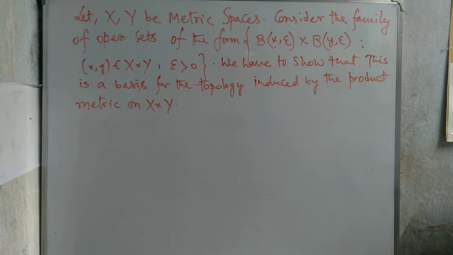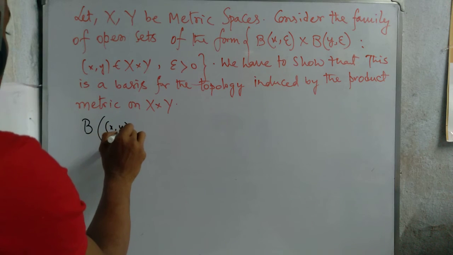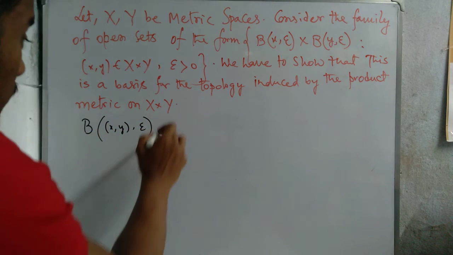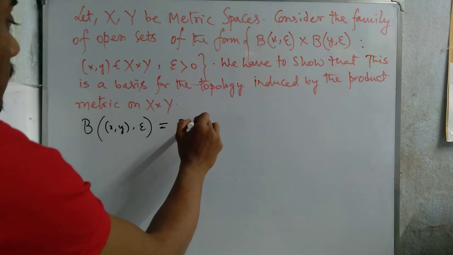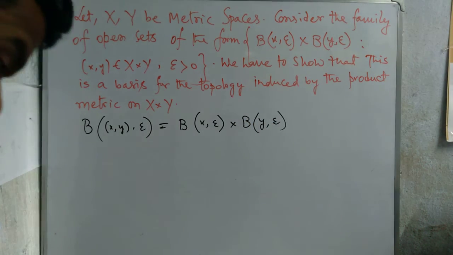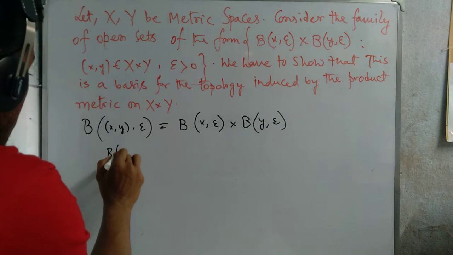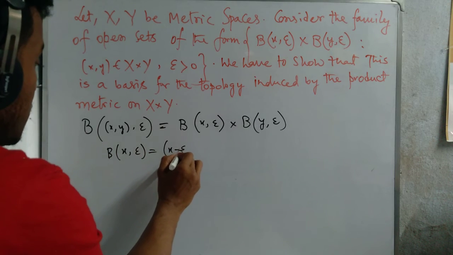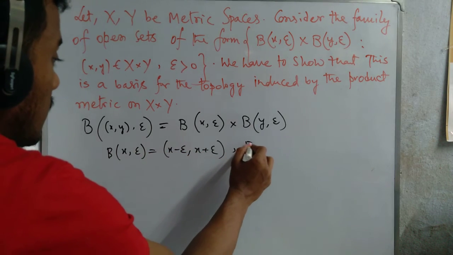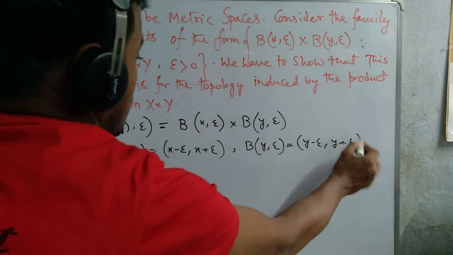Then what we write now, we just write here B_(x,y)(epsilon) equal to B_X(epsilon) cross B_Y(epsilon). B_X(epsilon) is equal to (x minus epsilon, x plus epsilon), and B_Y(epsilon) is equal to (y minus epsilon, y plus epsilon).